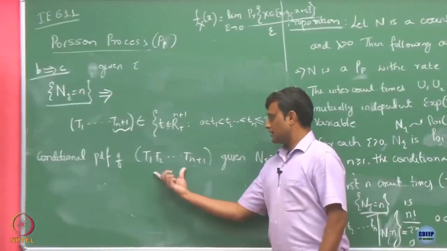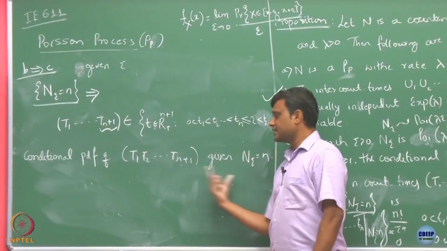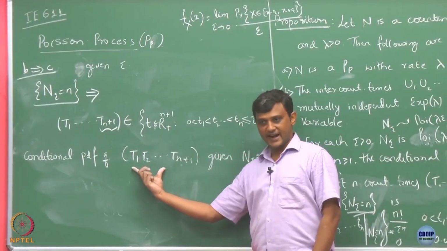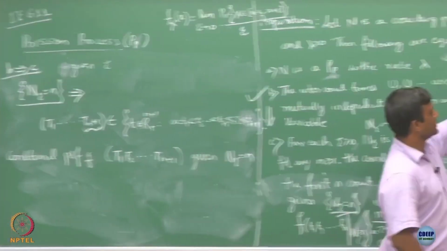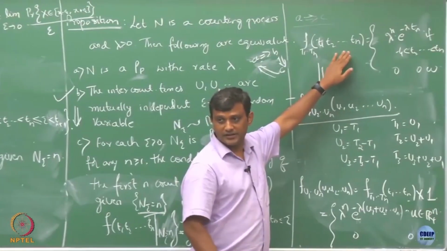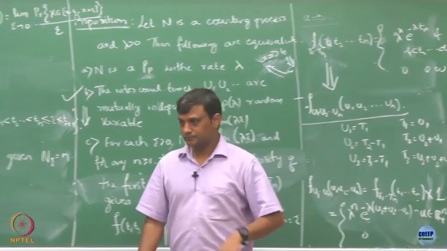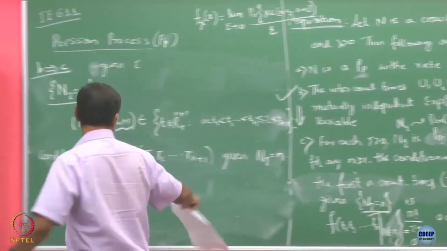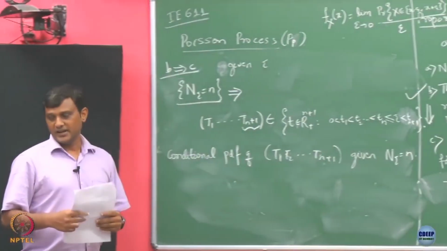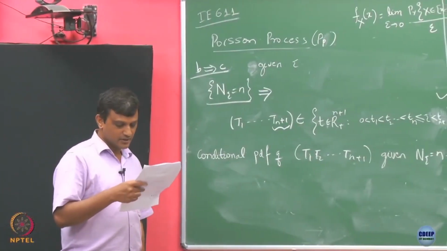I know that if you just forget the conditional part, the joint distribution of these n random variables, I have already computed it, right. I have this distribution, okay. But now I have this conditioning here.